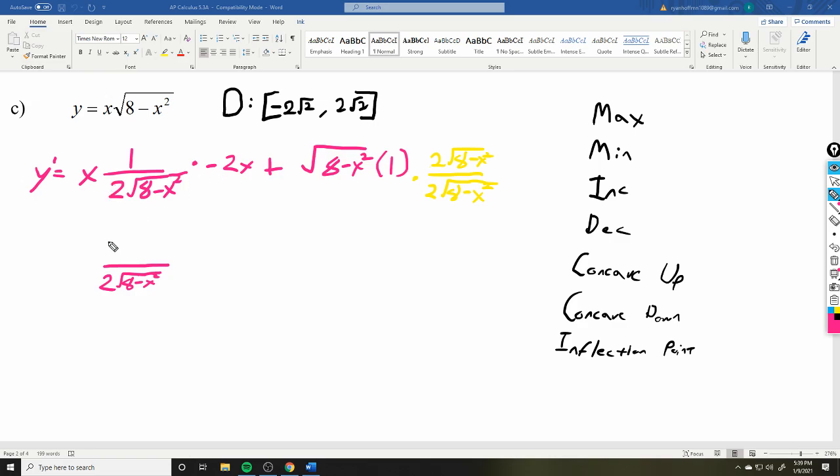That's going to be negative 2x to the second. And then we have plus, this is also over 2 times the square root of 8 minus x squared. That was our goal. And then we've got a 2 here, and then this is square root of 8 minus x squared times square root of 8 minus x squared, which is just 8 minus x squared.